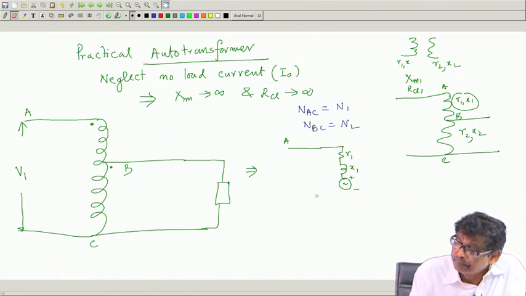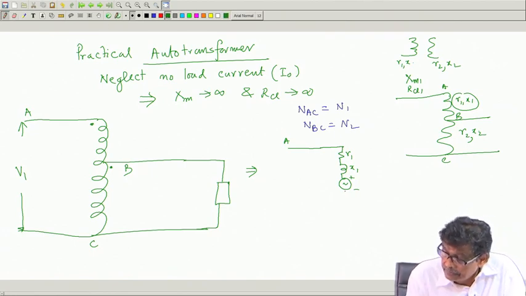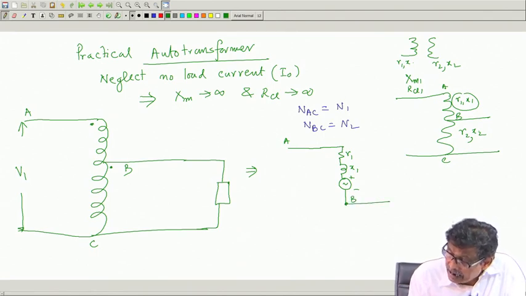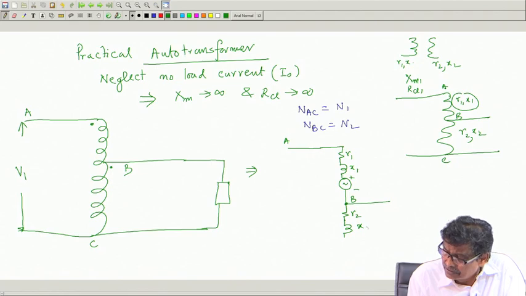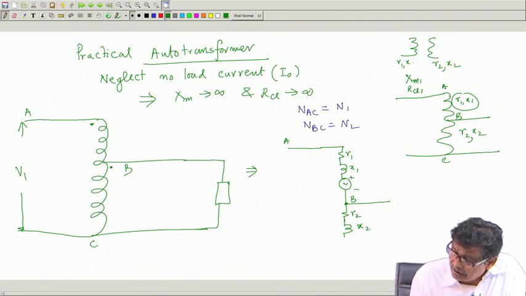Now, I reach up to point B. This is the point B, and then I will draw R 2, J x 2, you understand it is R 2 and J x 2, and then there will be another induced EMF in this portion.